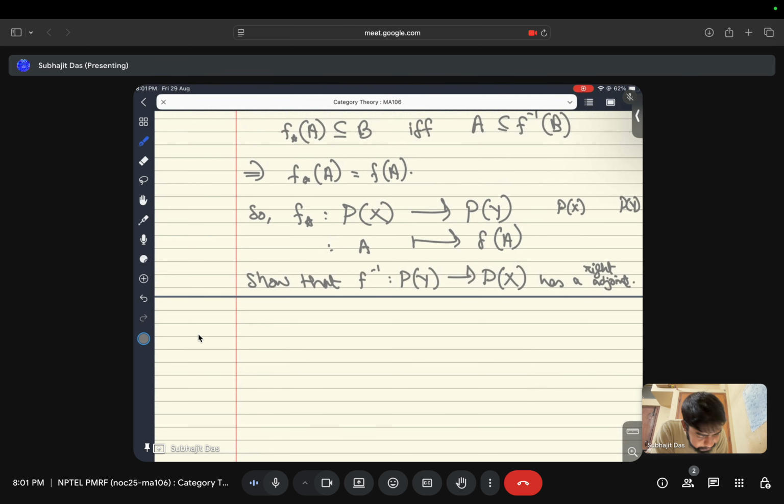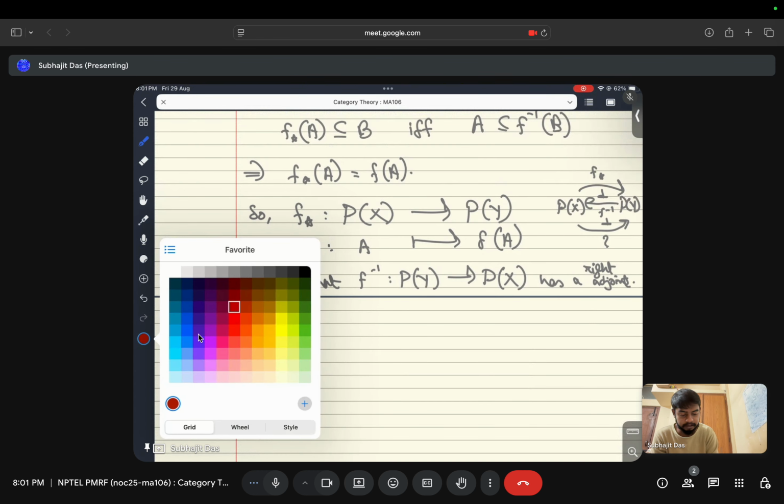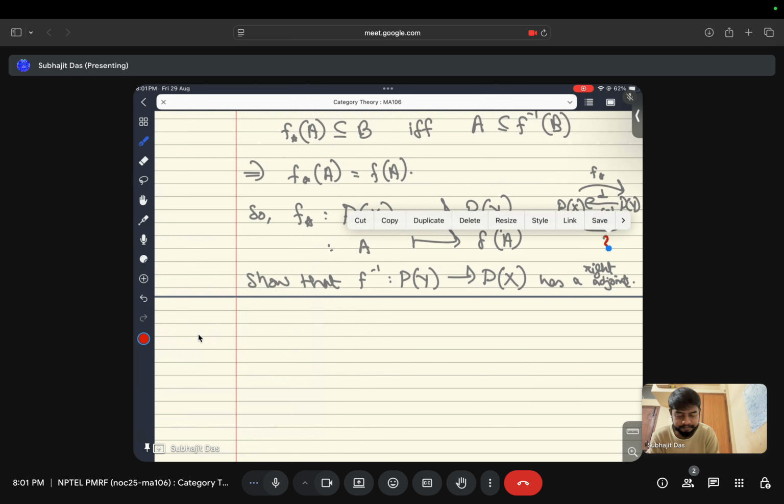From py to px we have this functor f inverse; from px to py we constructed a left adjoint for this, which is f lower star, and you show that this functor also has a right adjoint. So show that there is a right adjoint and find that functor. I'll leave a question mark here in red color to indicate that this needs to be done.